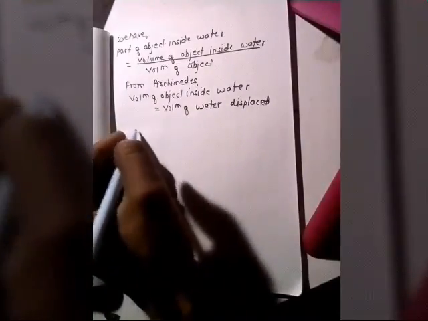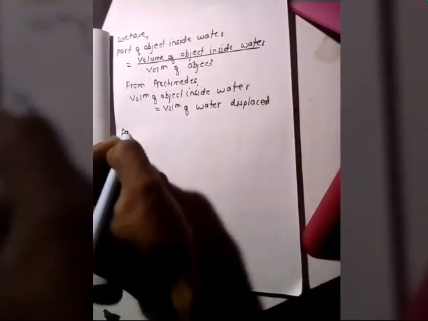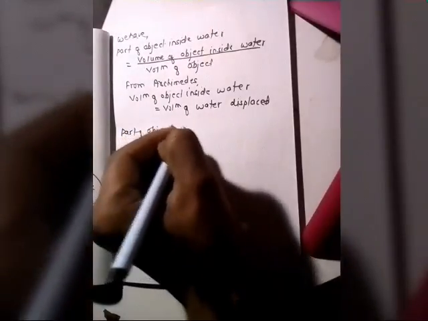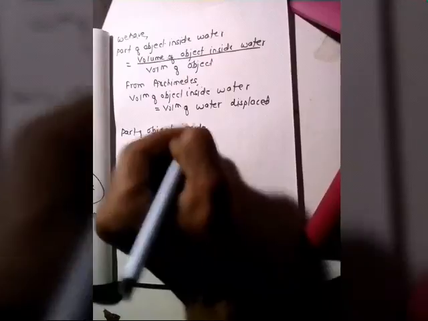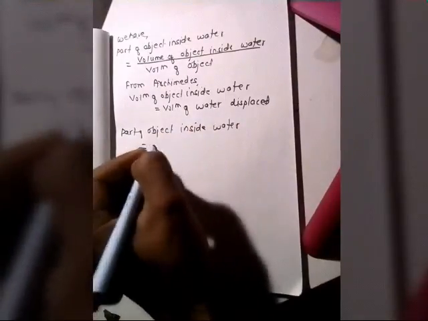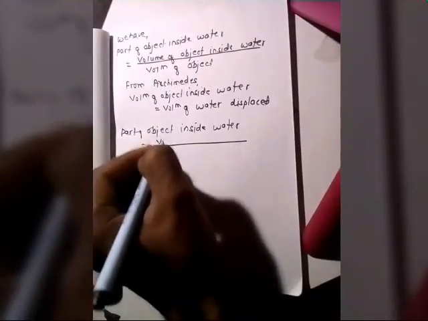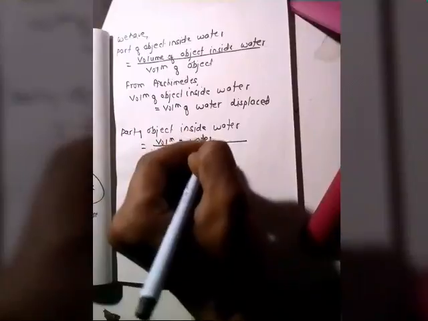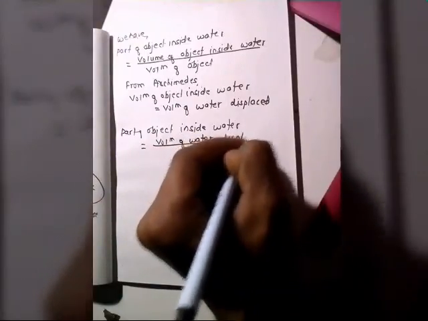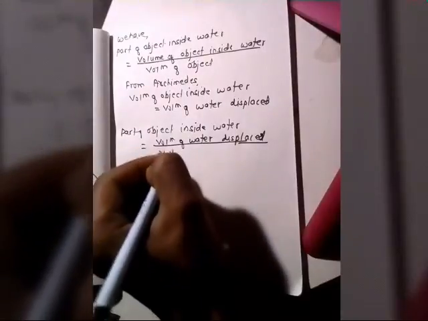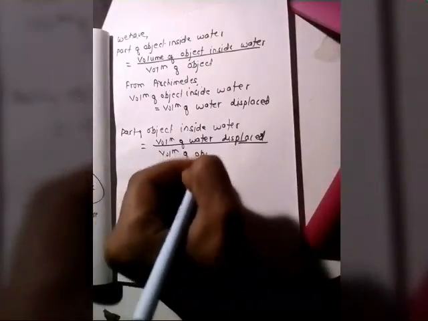So the above formula can be written as: part of object inside water is equal to the volume of water displaced divided by the volume of object.